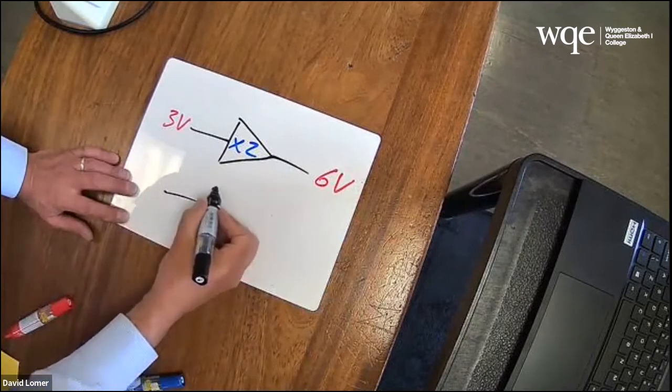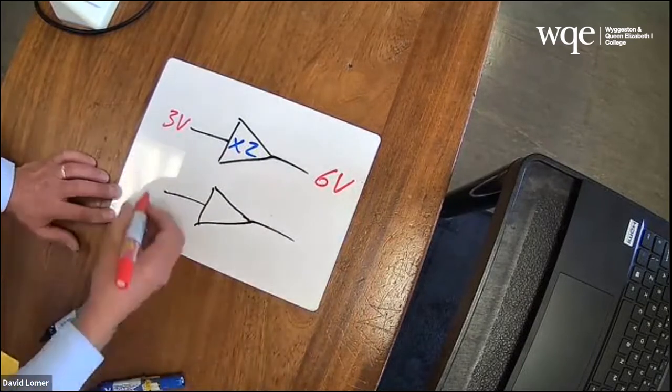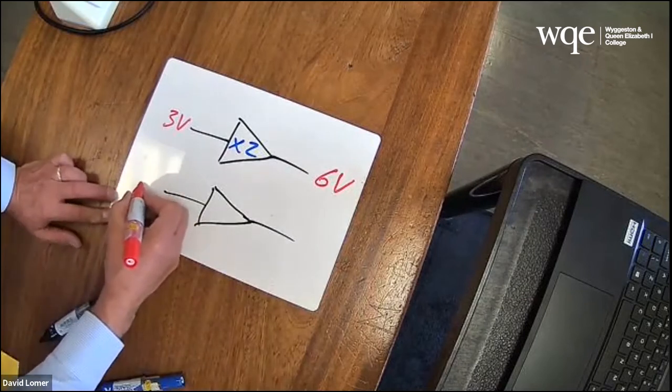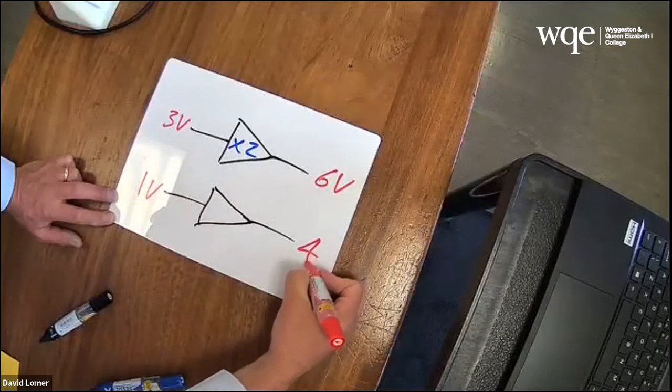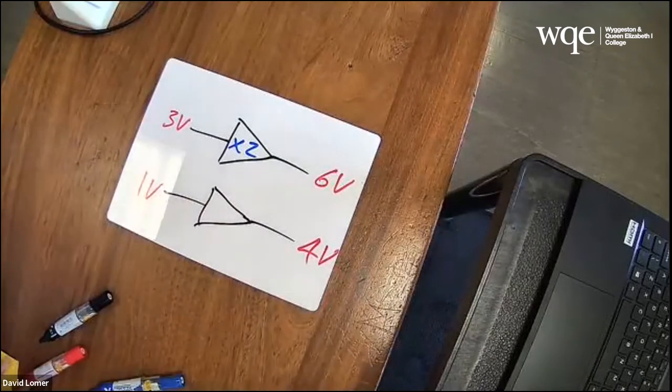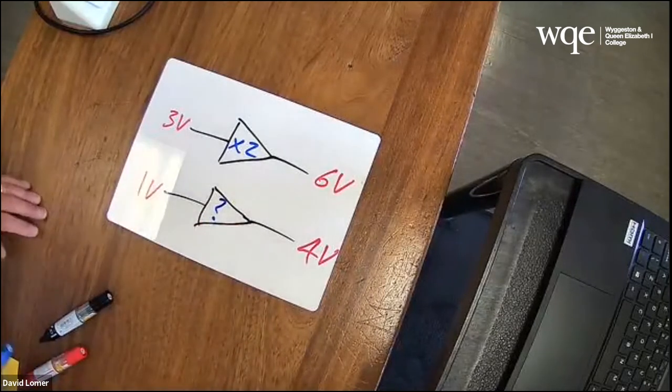So you can look at this another way, and we can say if the input voltage is 1 volt and the output voltage is 4 volts, what's the gain?